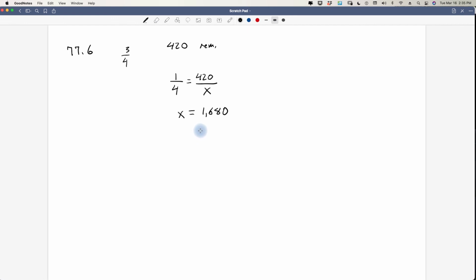Now the other way you could get there: we know that 3/4 were gone and 1/4 was left. So an easier way could have been to say, if this is 1/4, we'll just multiply this by 4, and that'll be our total. Which is kind of what we did. We just did it in a more formatted, structured way.